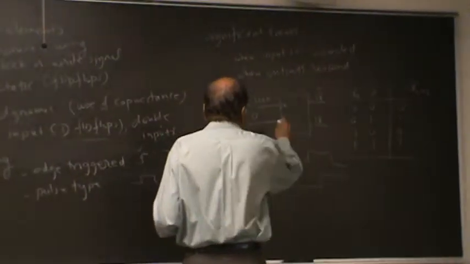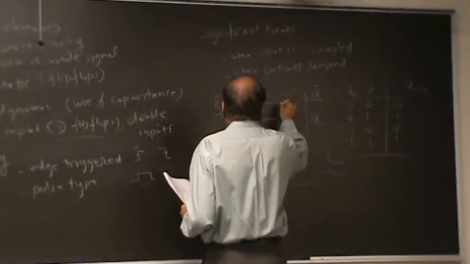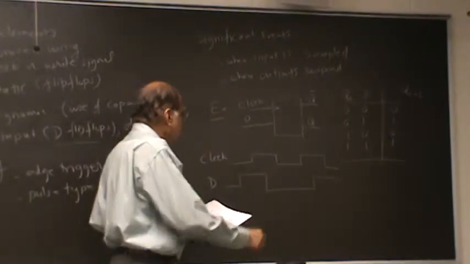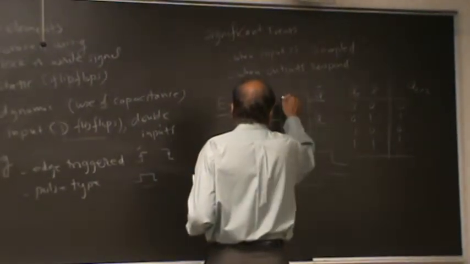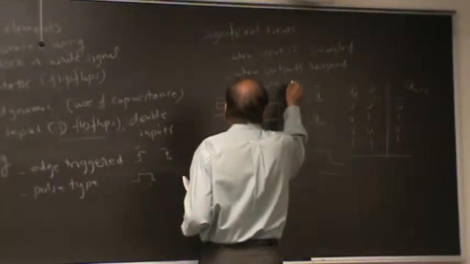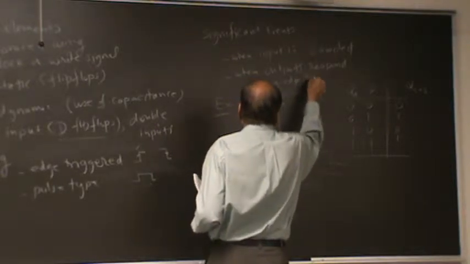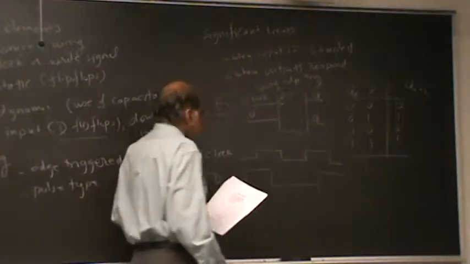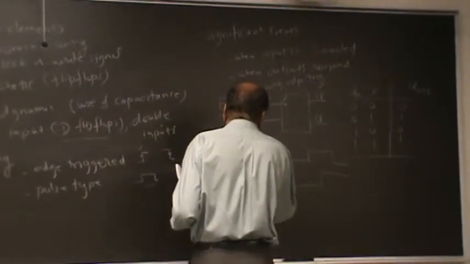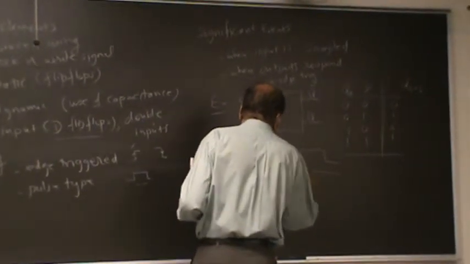And let us assume that, now this implies, notice this triangle here, this implies that this is a rising edge triggered flip-flop. So this here is rising edge triggered. That means something is going to possibly happen on the rising edge.